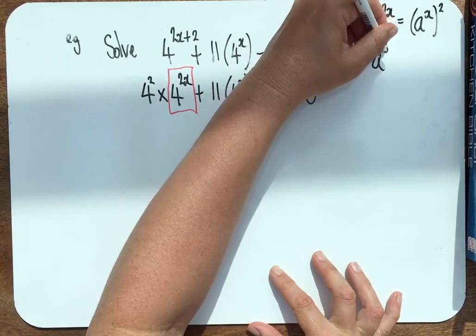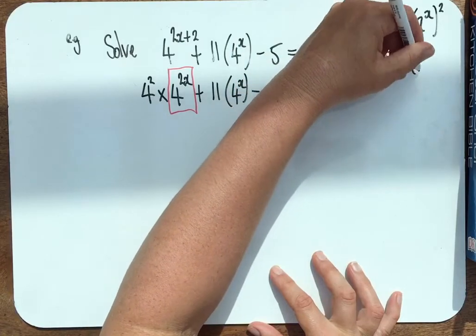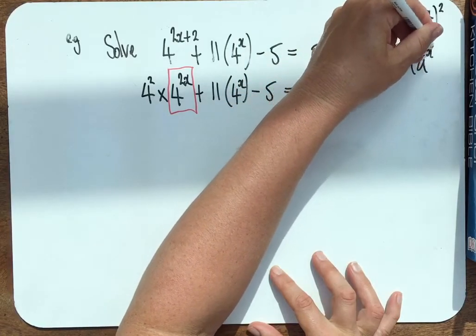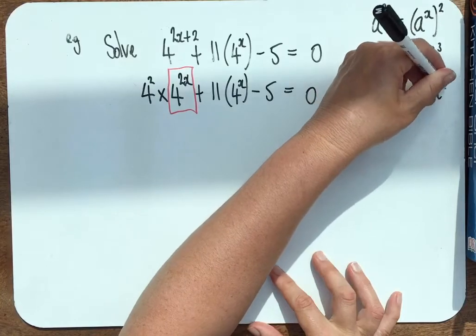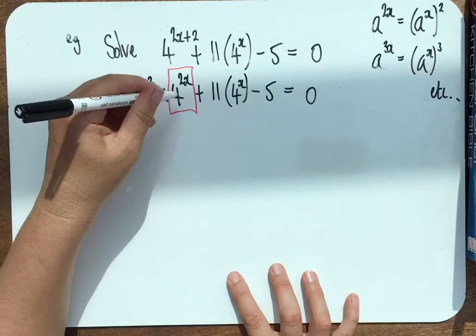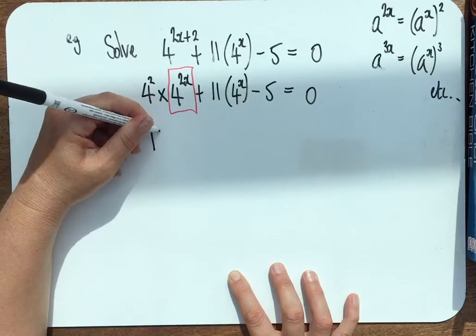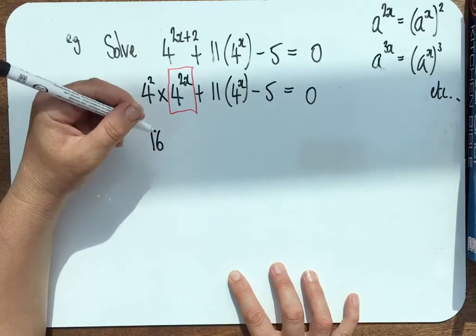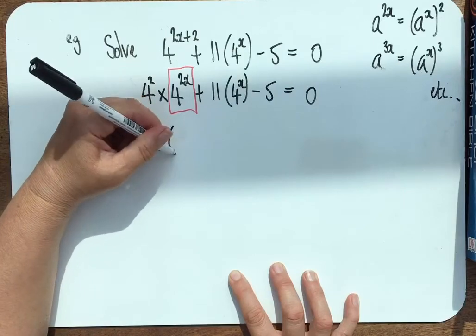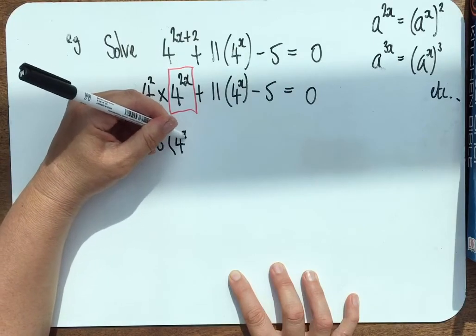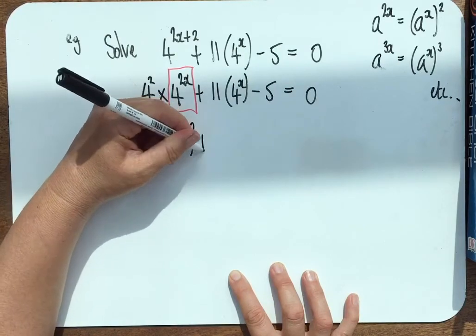Similarly, a to the 3x is a to the x, cubed, etc. So this bit here, 4 squared is 16, and then 4 to the 2x is 4 to the power of x, squared.